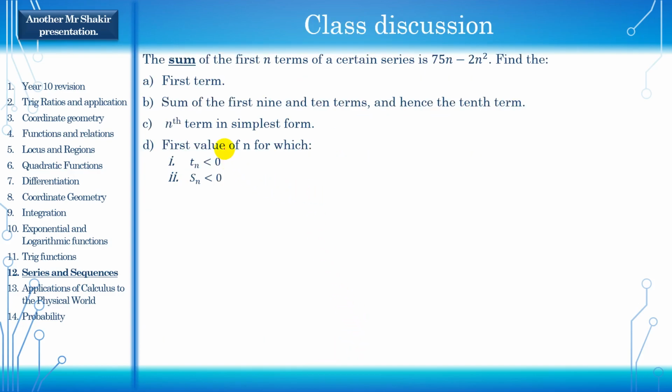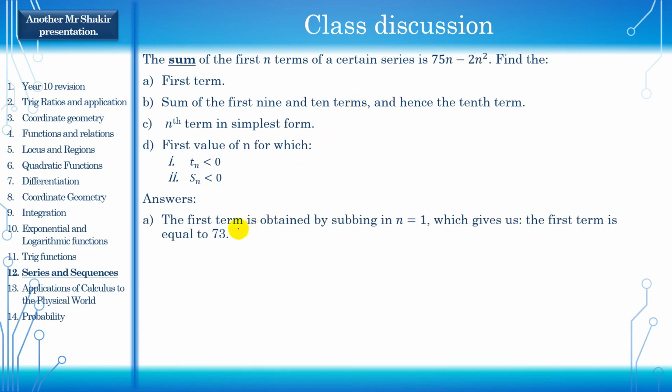Hopefully it'll make it a lot easier. The sum of the first n terms of a certain series is 75n minus 2n squared. Find the first term. Well, we can just sub in n is equal to 1 into that equation, and you should get 75 times 1, 75 minus 2, 73. 73 is the answer. Now, sum of the first 9 terms and sum of the first 10 terms, and therefore the 10th term.